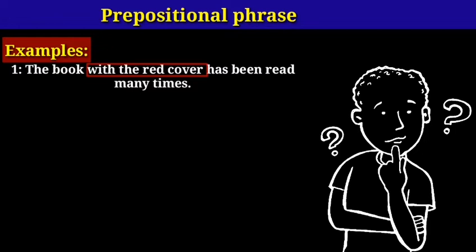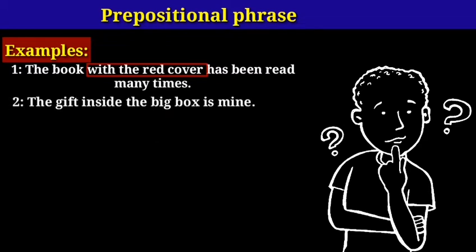And the last important point is that a prepositional phrase will consist of a preposition and it will have modifiers or object. So in this sentence, with is a preposition, the red is modifiers and cover is object, a noun. So the red cover becomes the object of this preposition. That is why it is a prepositional phrase.